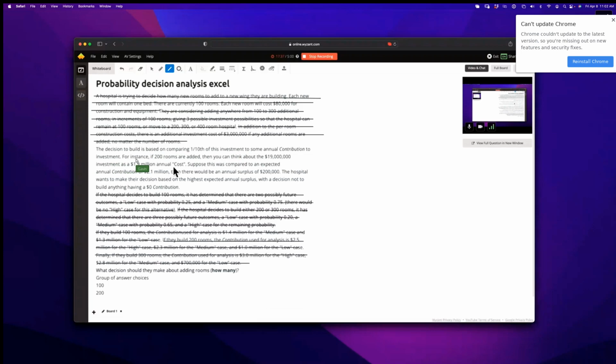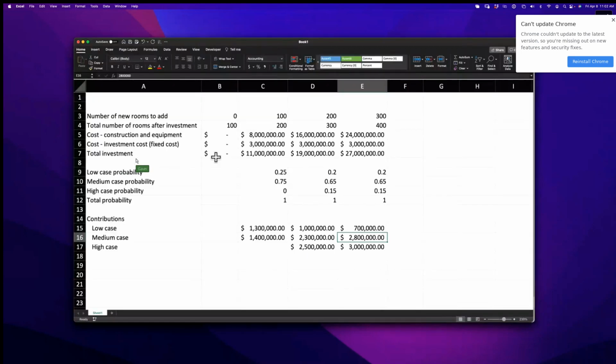Okay. So what they're saying here is the total investment is 19 million, but you can also think of that as an annual cost, which will be 1/10 of that.